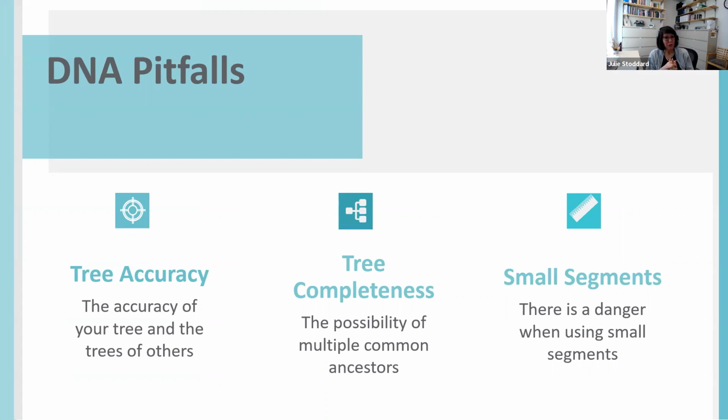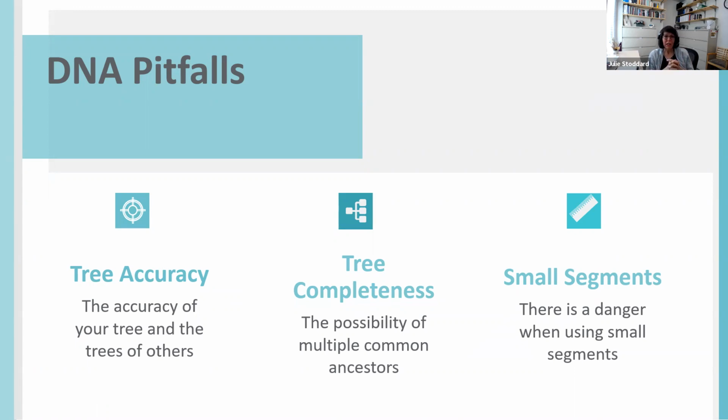The accuracy of their tree is something that I'm going to need to look at and make sure that I agree with the tree they built. So don't always trust the tree that your DNA match made. And remember that their tree isn't always complete. So you may look at their tree and it shows all these surnames, but further back, they may have a different set of surnames that you might match a couple places on that tree, especially if you go to colonial America, or, for example, the Ashkenazi Jewish.